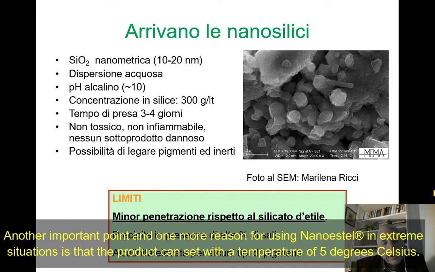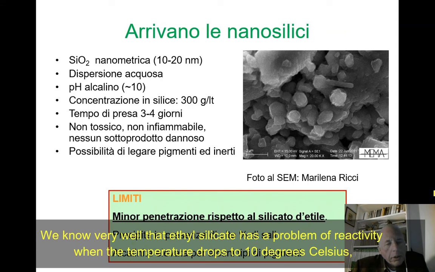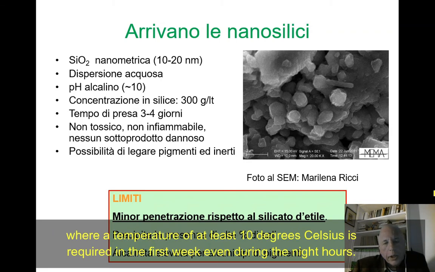Another important point, and one more reason for using nanoester in extreme situations, is that the product can set at a temperature of 5 degrees Celsius. We know very well that ethyl silicate has a problem of reactivity when the temperature drops to 10 degrees Celsius, where a temperature of at least 10 degrees Celsius is required in the first week, even during the night hours.